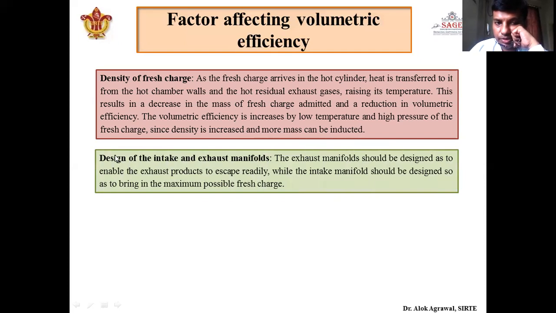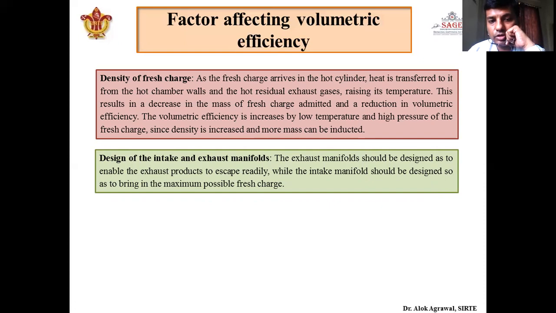Again, the next important part is the design of the intake and exhaust manifold. The exhaust manifold is to be designed so that it is able to evacuate the maximum possible exhaust gases. It has to be designed so that whatever exhaust gases are present inside the combustion chamber will be evacuated at the end of the expansion stroke, because we have seen that the presence of exhaust gases will decrease the volume of incoming charge.